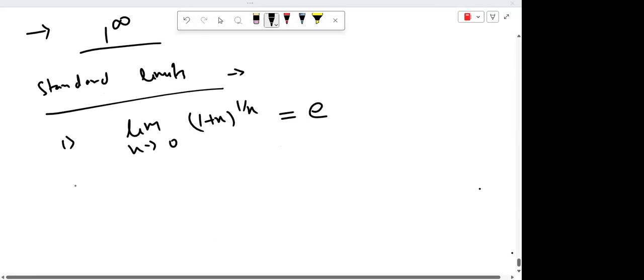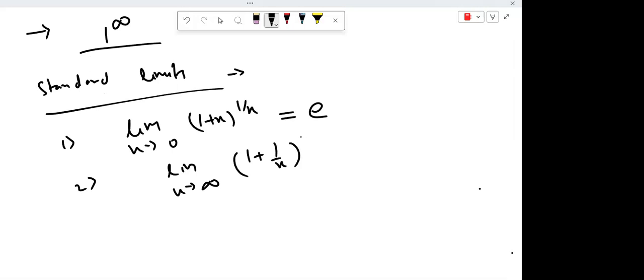Next one. This is also e. For an example, we can write it like this also: limit of anything, let's suppose we call this a box.